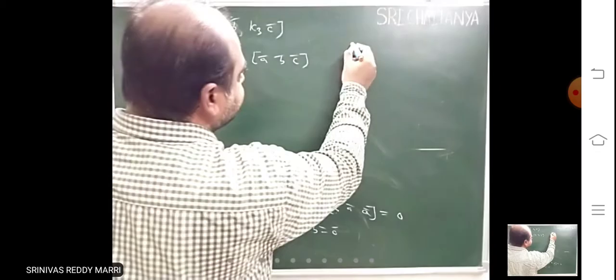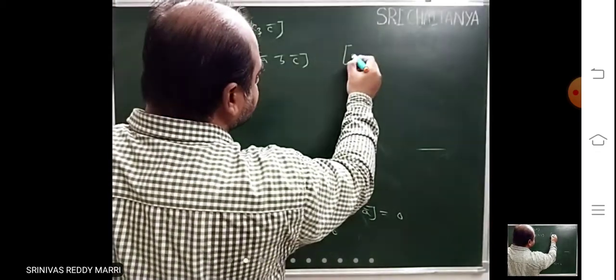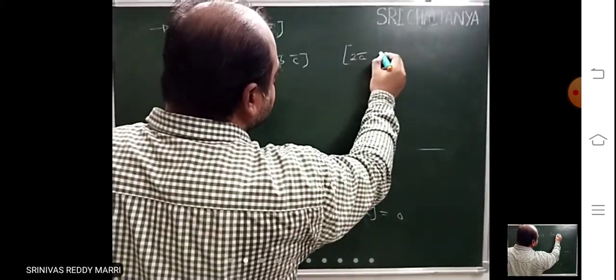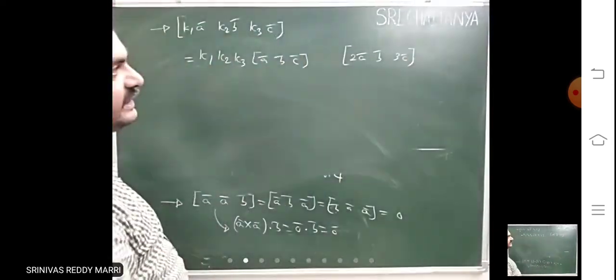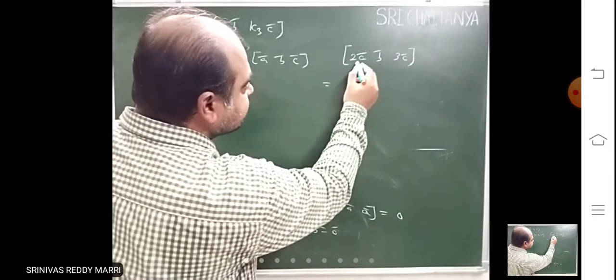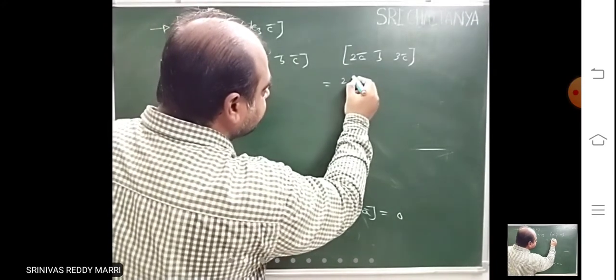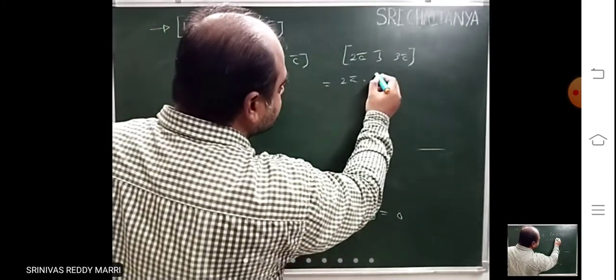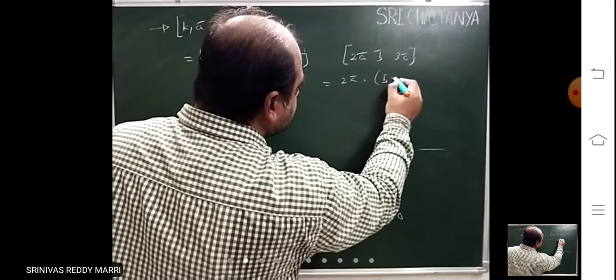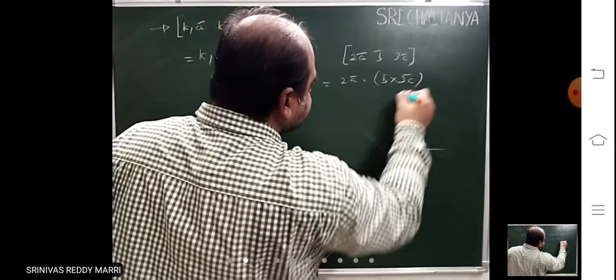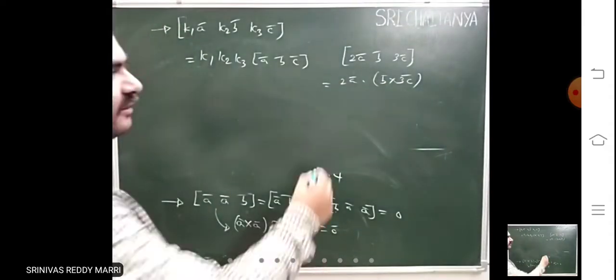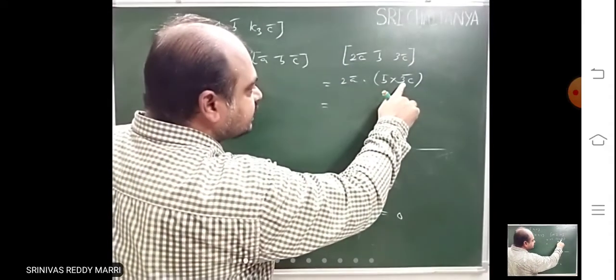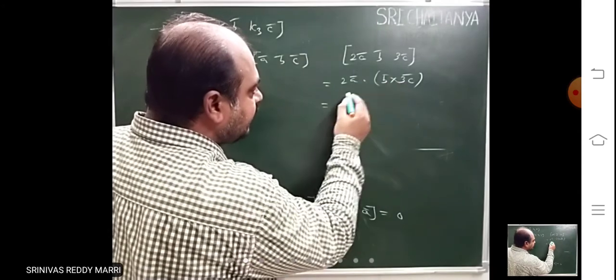Suppose take an example: 2A bar, B bar, 3C bar. It is like this. What is the definition? I am writing this vector A dot B bar cross C bar, the first vector dot cross product of two vectors. Now this is the cross product, and you can write the scalar outside.